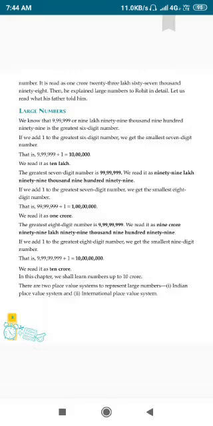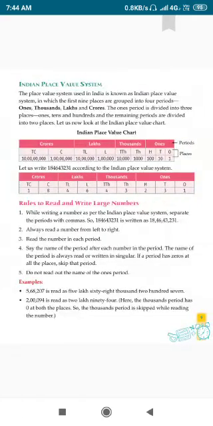The most important thing is that to represent large numbers there are two place value systems: the Indian place value system and the international place value system. The Indian place value system, used in India, has the first 9 places grouped into 4 periods: ones, thousands, lakhs, and crores.